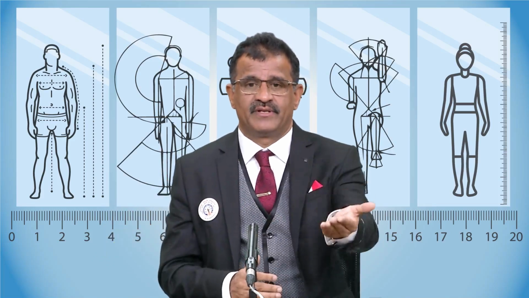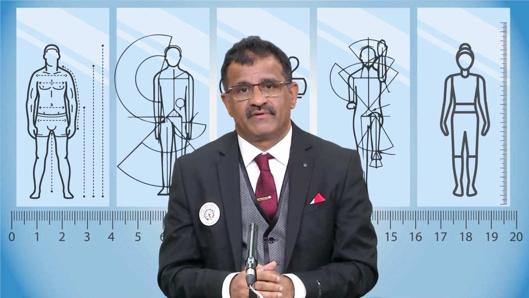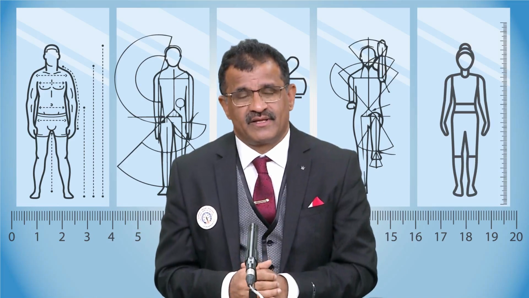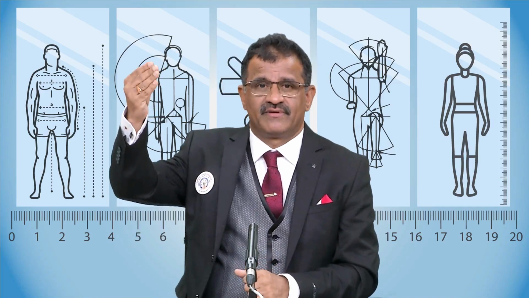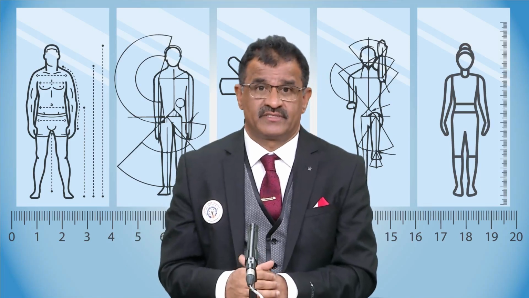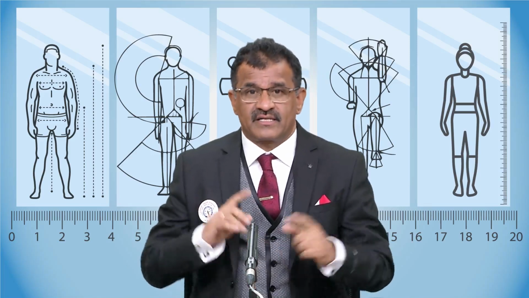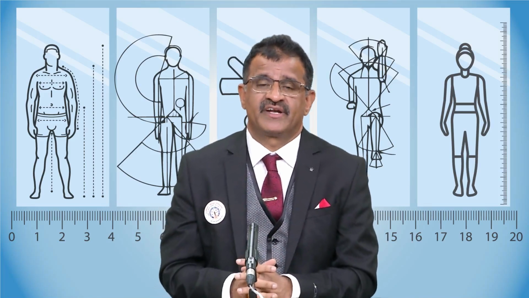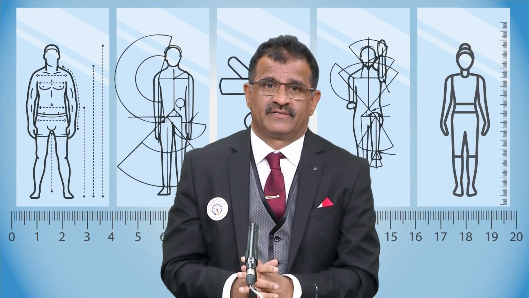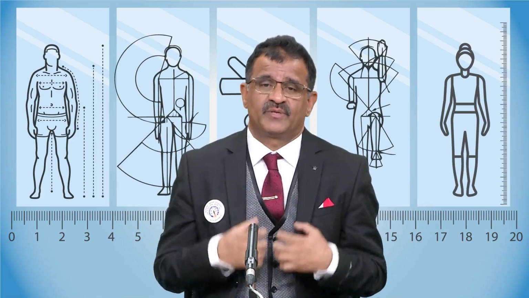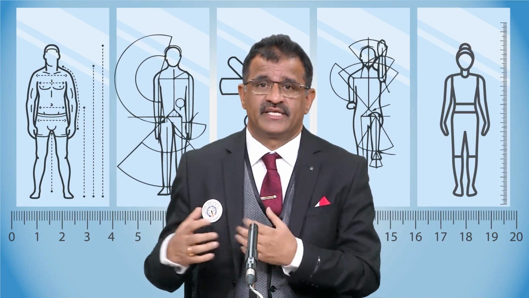So for example, we have a weighing machine to see the weight. Then we have a device for measuring the height of a person. Circumferences of the body are measured by different tapes which are specifically designed for the purpose of anthropometric study.